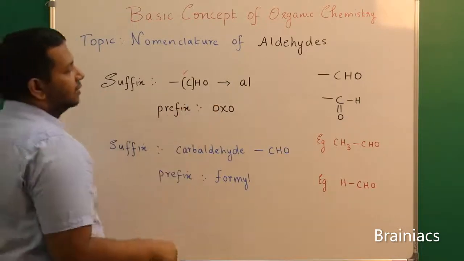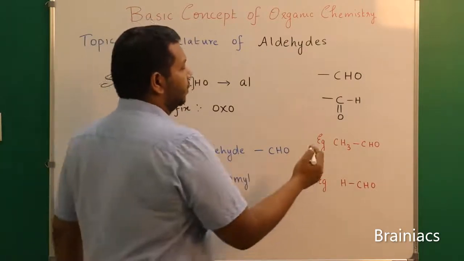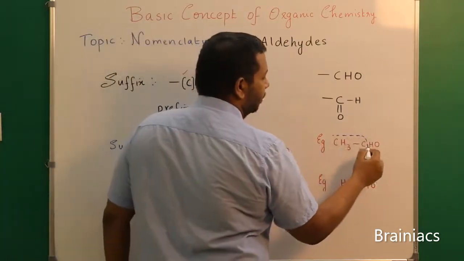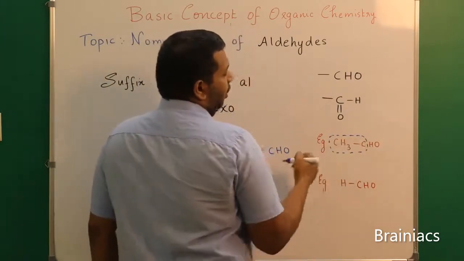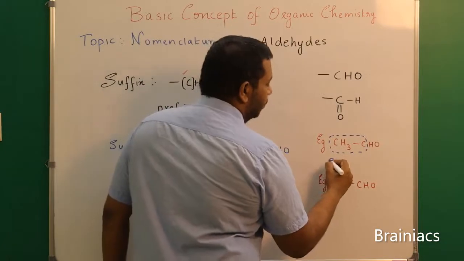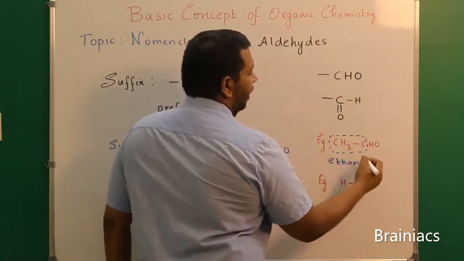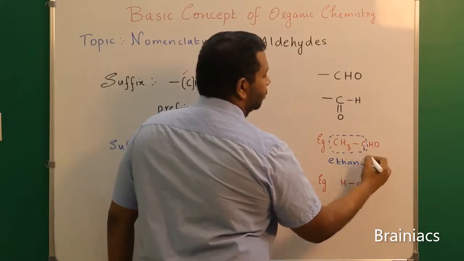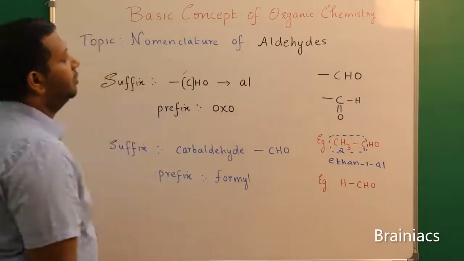Okay, let's see the example here. How will you name this compound? CH3CHO, easy example. I know that the carbon atom should be included in the parent carbon chain, correct? So what should be the name? Two carbon atoms are there, so it should be eth. All are linked with a single bond, ethane, and at first position you have the aldehyde, so ethanal, since the carbon atom is included.